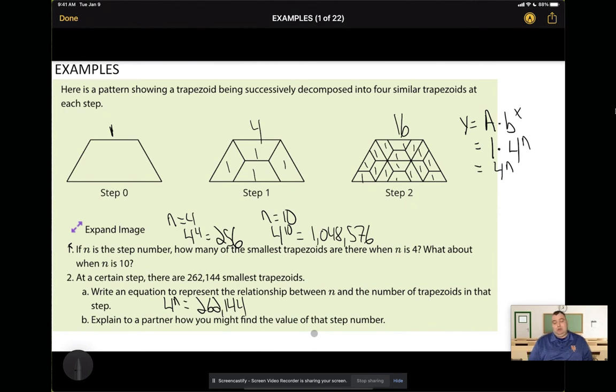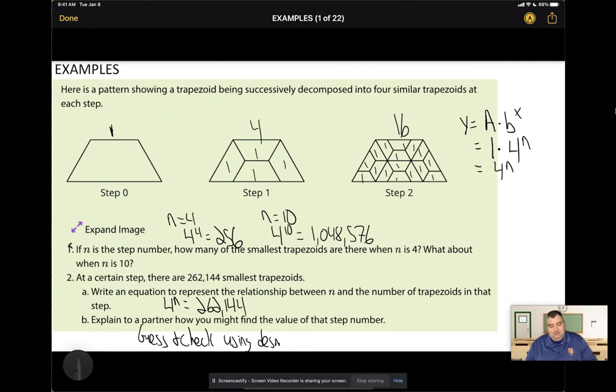Now, we haven't learned a way of figuring out what this exponent value is. So the only way we could possibly do that is to guess and check using Desmos. That's how I would explain it right now.